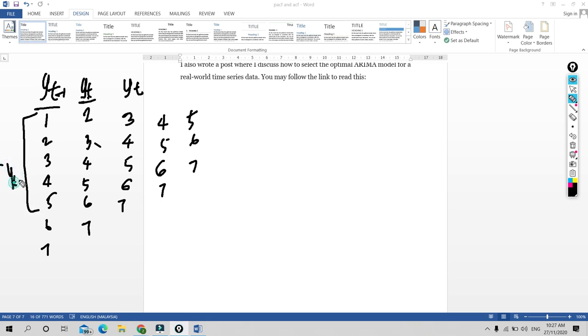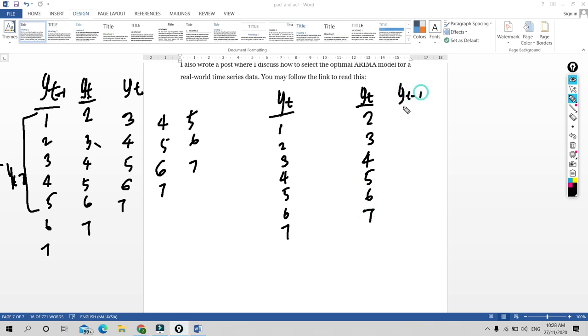And this phi 1 here is your PACF, partial autocorrelation. Assuming that this is your y and here is your x, independent and dependent. Now, katakan kita ada lagi banyak variable here. Let's say I have YT here. I nak comparekan dengan 2 step. So, I want to compare with YT minus 2.